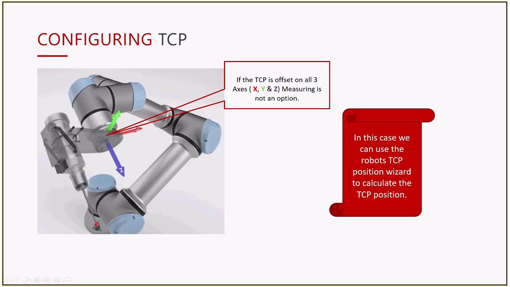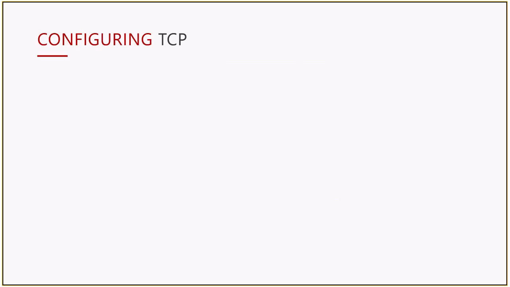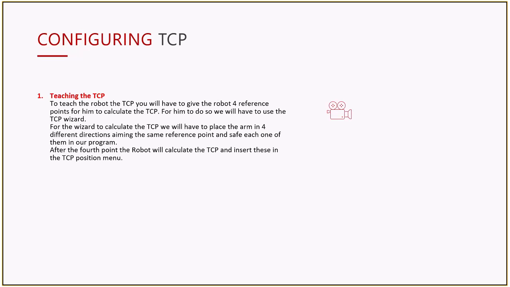So in this case, we can use the TCP position wizard that the robot has. With this wizard, you can let it calculate the TCP for you, and it will automatically insert the coordinates for you. To do so, you have to give it 4 reference points to calculate where the TCP is, and then it will put it in.